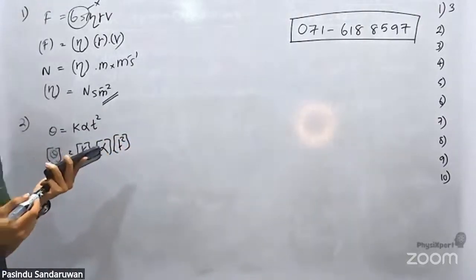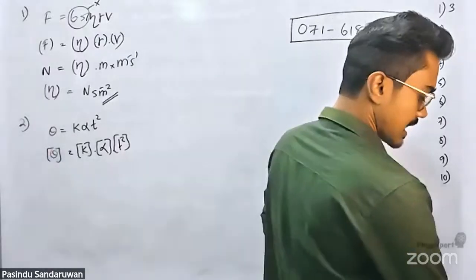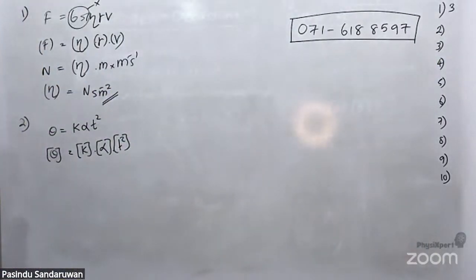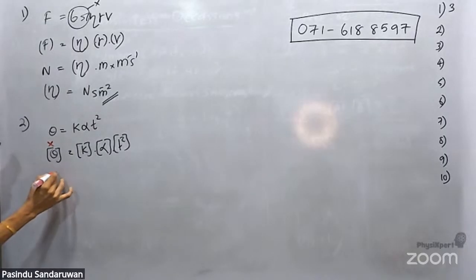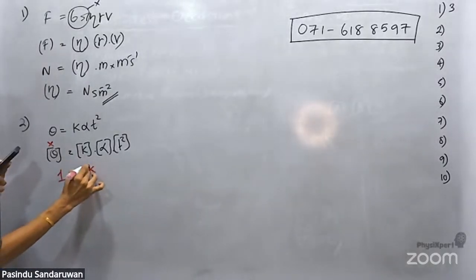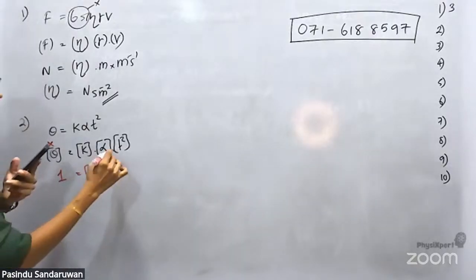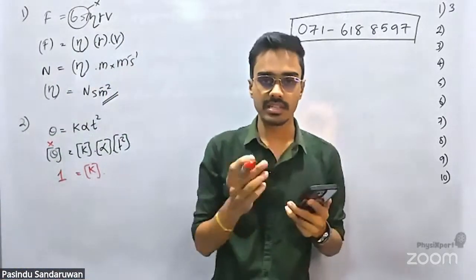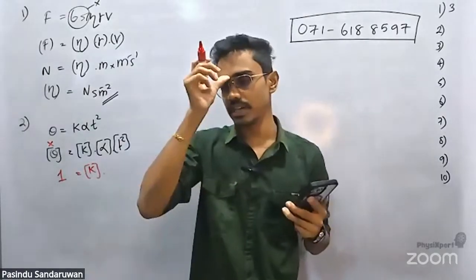But angles are dimensionless, and we will consider dimensionless quantities as 1 for our calculations. We need k and alpha. Dimension of angular acceleration alpha is T minus 2. That you need to know.